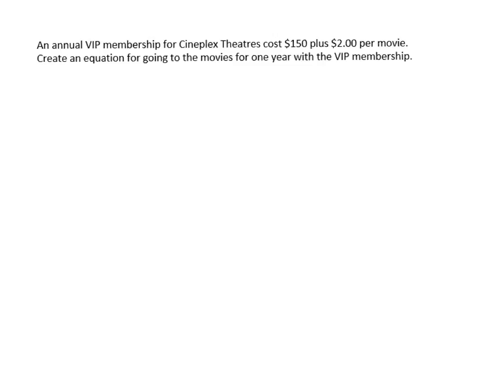So another kind of question you can get on the exam is where you're given a word problem or a verbal model and you have to create an equation based on it. So again, we would use cubes. So here I would circle 150, I would circle $2. It's asking me to create an equation for going to the movies for 1 year.